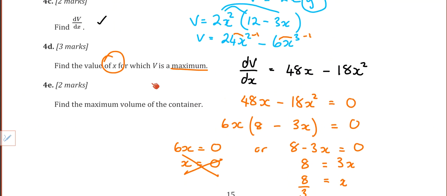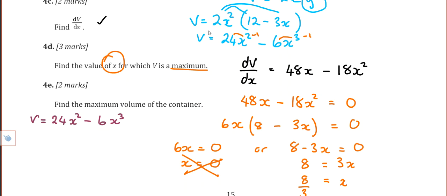And we have a formula here in x for volume. So if volume is 24x squared minus 6x cubed, now we have to be careful not to use dv dx. We are using v now. That's why I said before, you always go back in full circle.